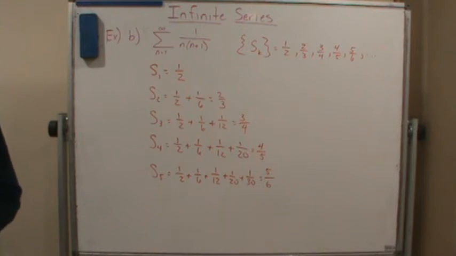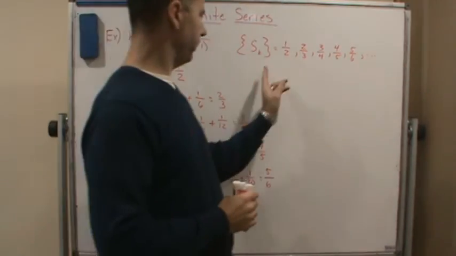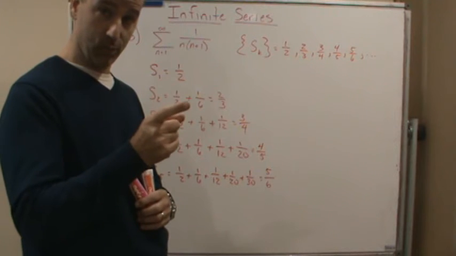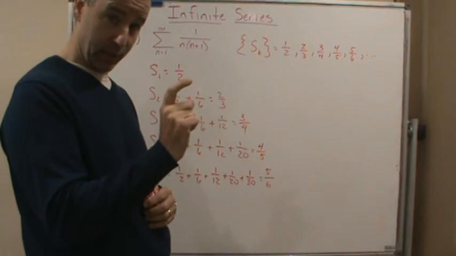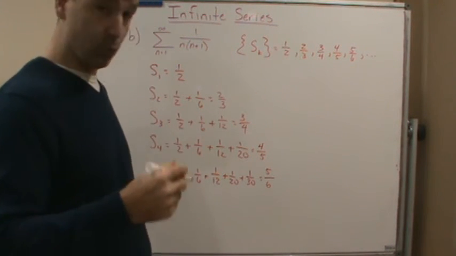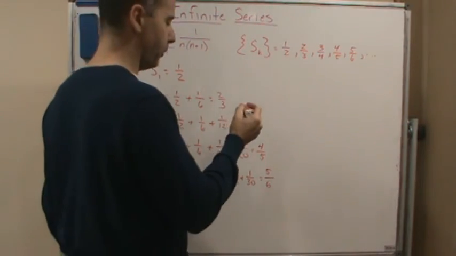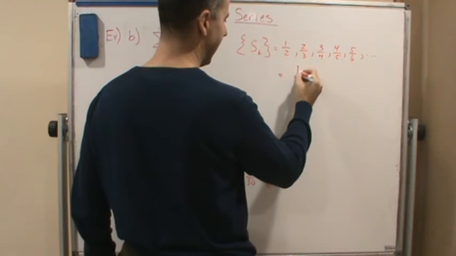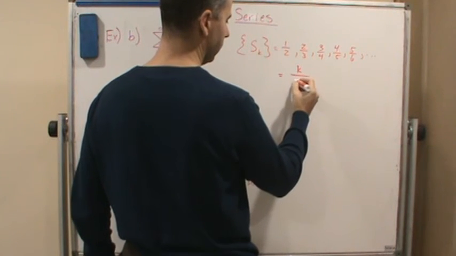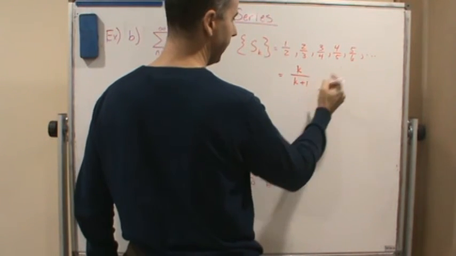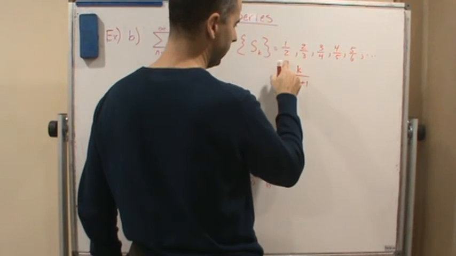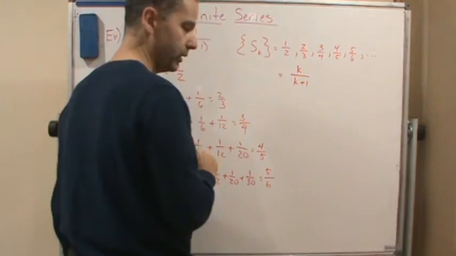Now, looking at this pattern, looking at the sequence of partial sums, we can represent this as an nth term, right? We can write this as a formula. So we can write this sequence as k over k plus 1, right? Because each term on the bottom is 1 more than the number on the numerator.